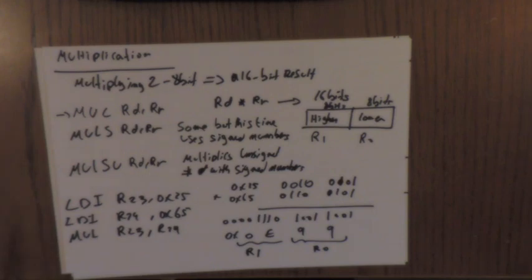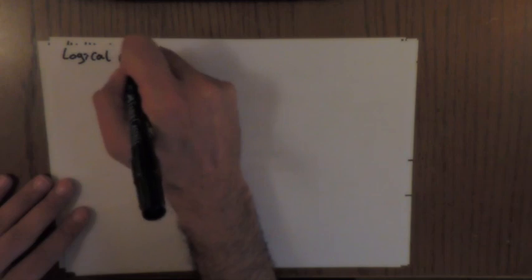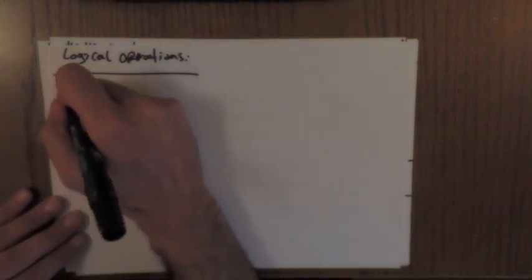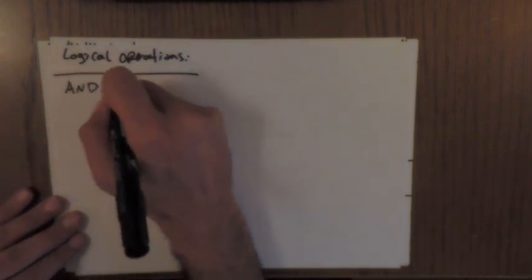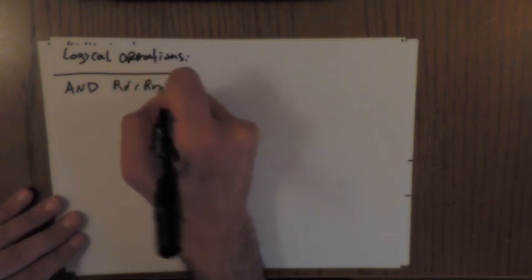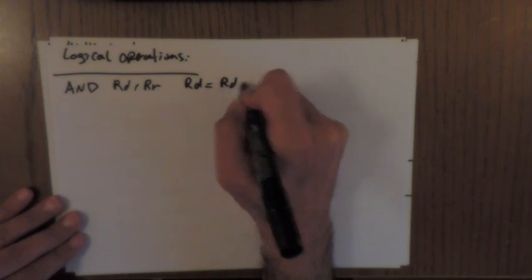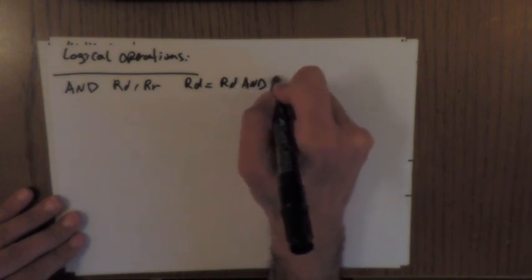Now if I want to go over some logical operations, I have the following. I have the AND, which takes RD and RR, and RD is equal to RD AND RR.